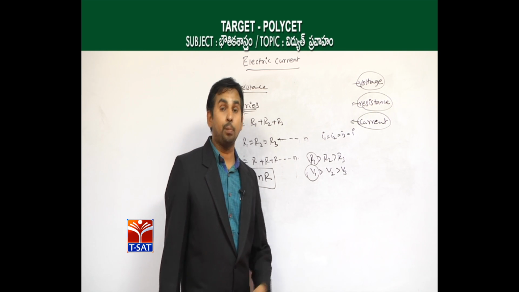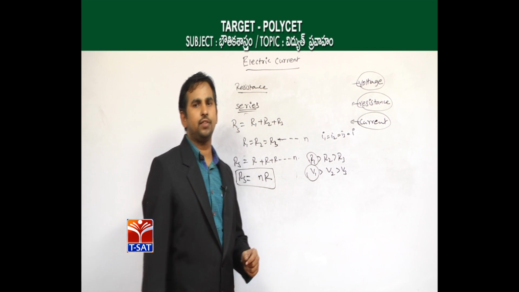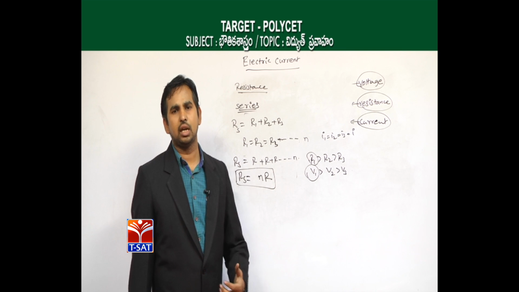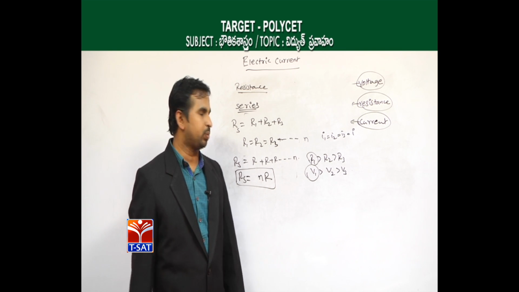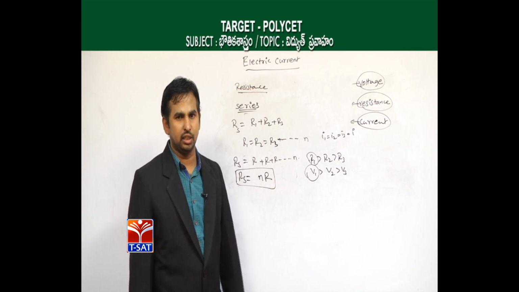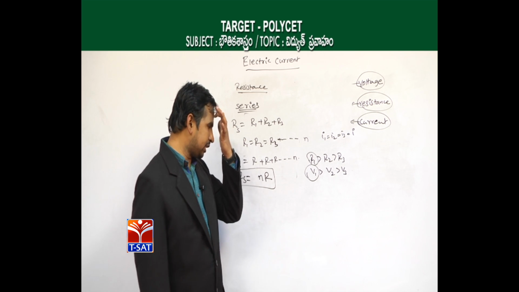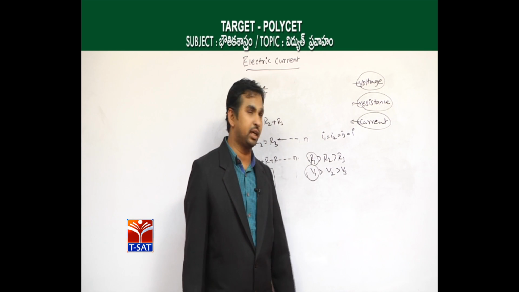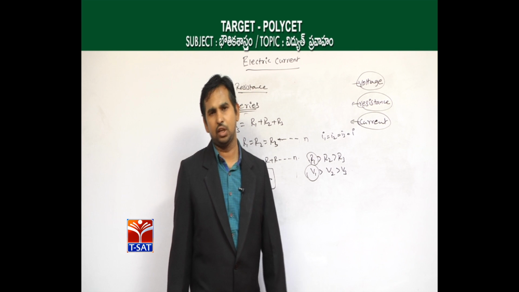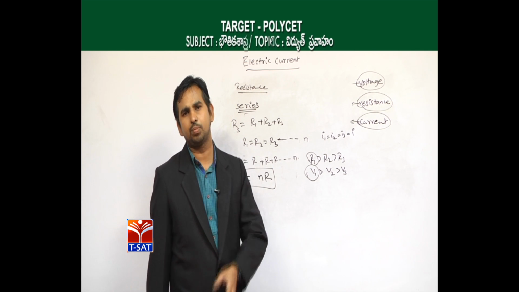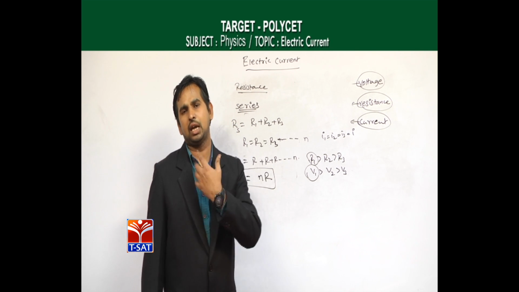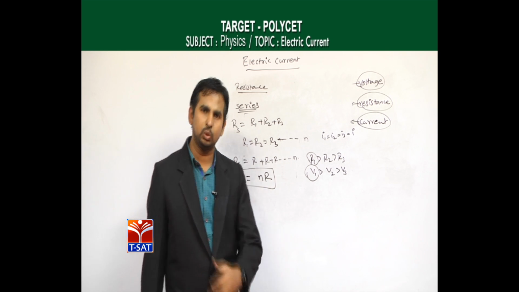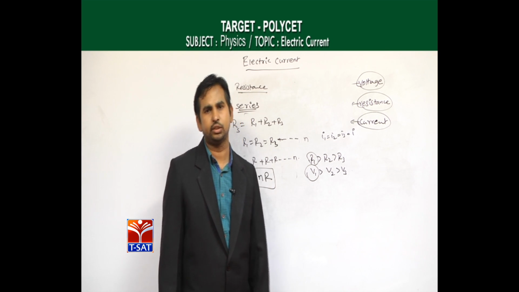Now, about the applications of series connection. The current passing through here is the same. Whatever current is passing through resistance R1, the same current is passing through R2, and the same through R3 also.